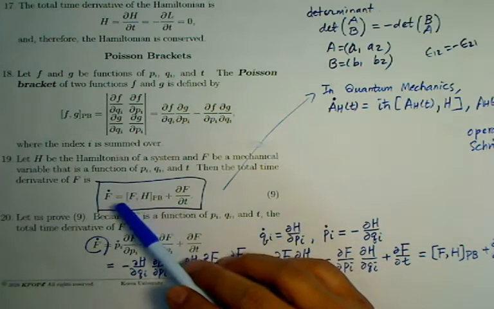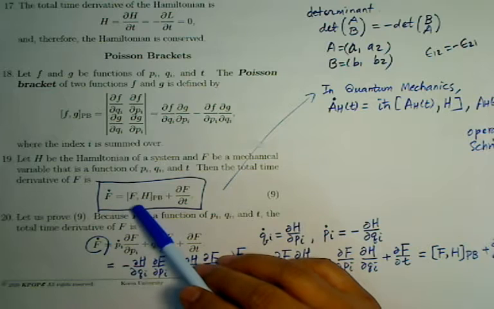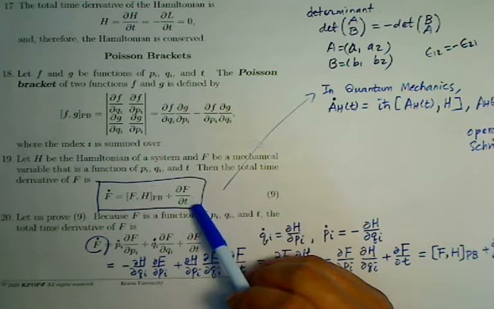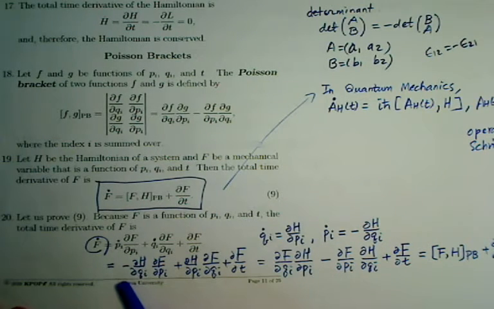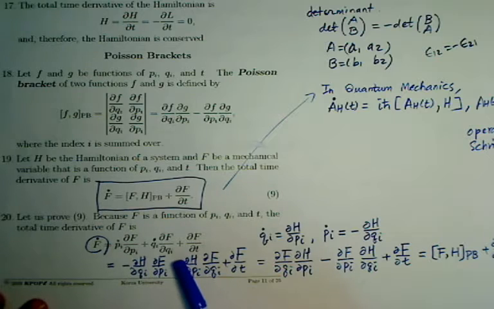The total time derivative of a mechanical function is expressed in terms of the Poisson bracket plus a partial time derivative of that function. Let us check this calculation. First, the total derivative of f: f is a mechanical variable, thus f is a function of momentum and coordinate.